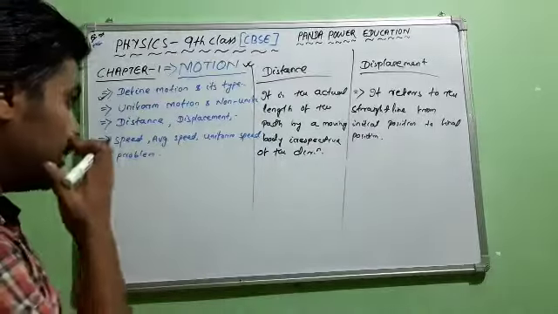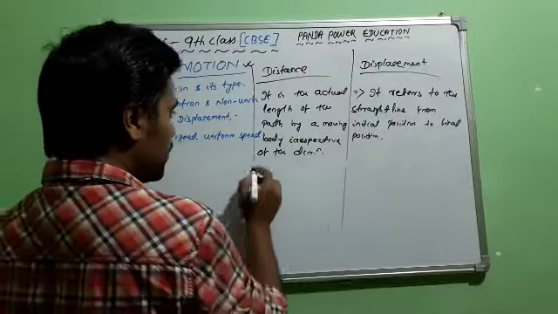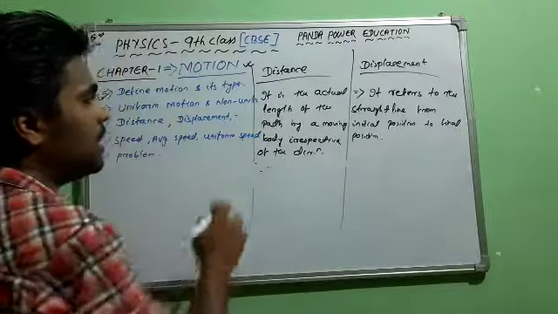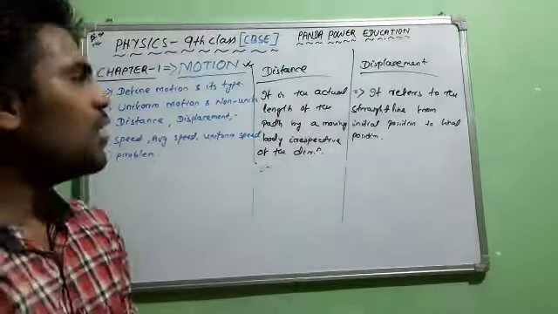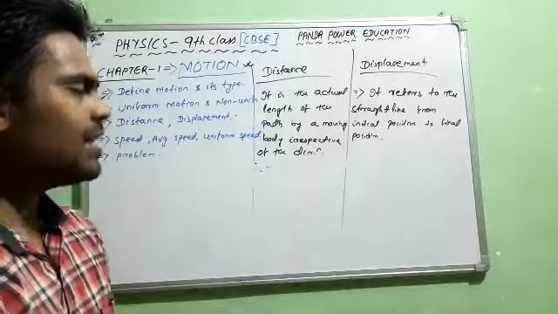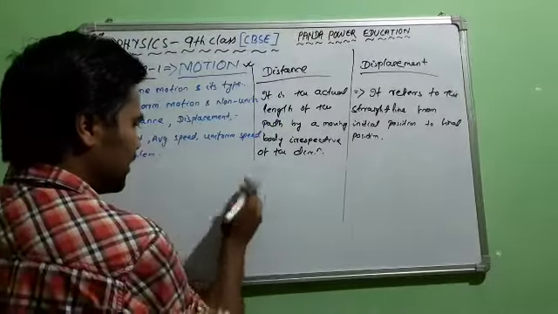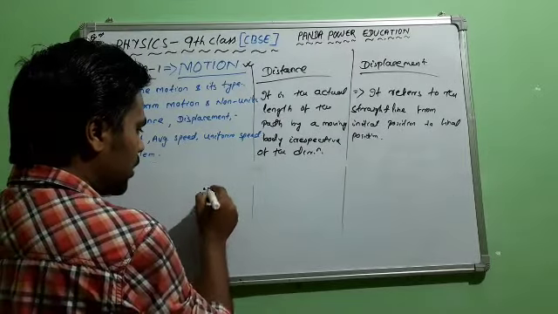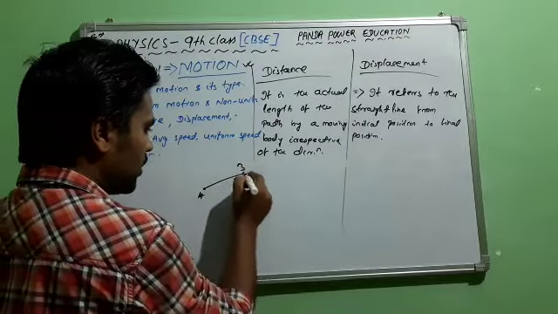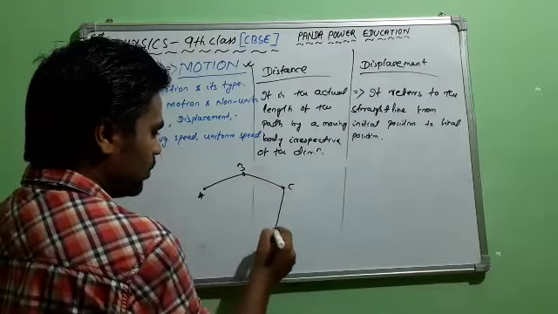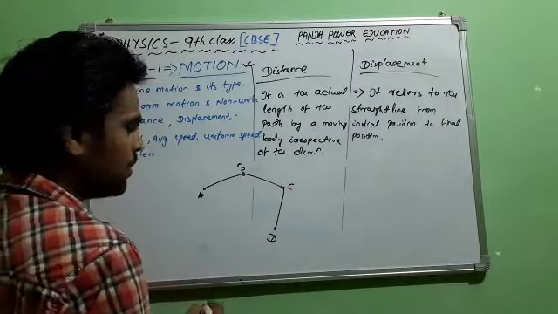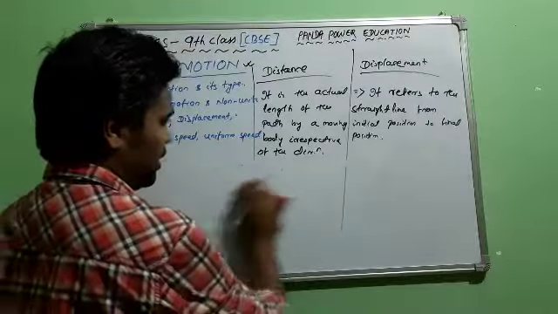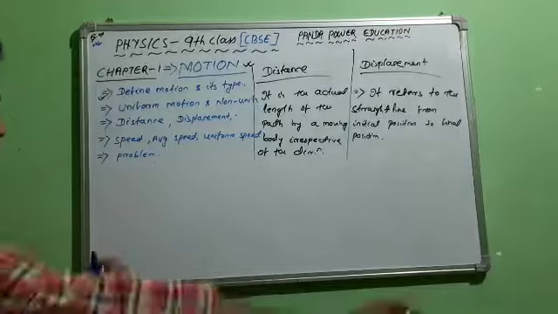I'm explaining here what it is telling. It covers the actual length of the path. What is actual length? I'm giving an example. The body is moving like this, A to B to C to D. Sorry, I am giving another example, you can easily understand.